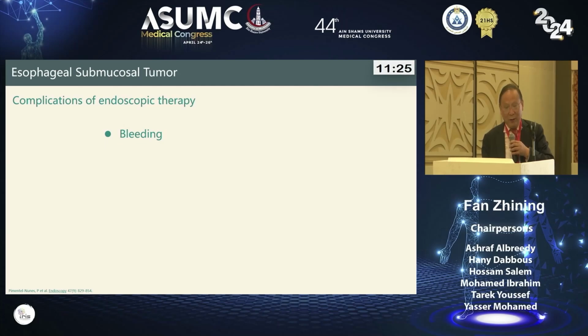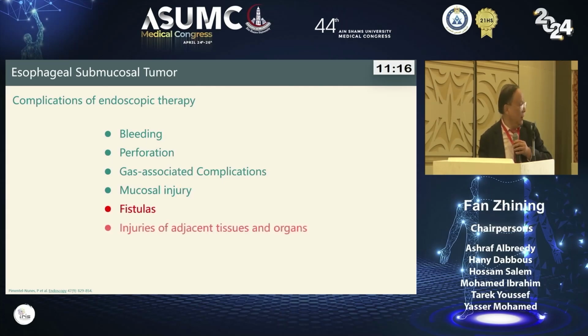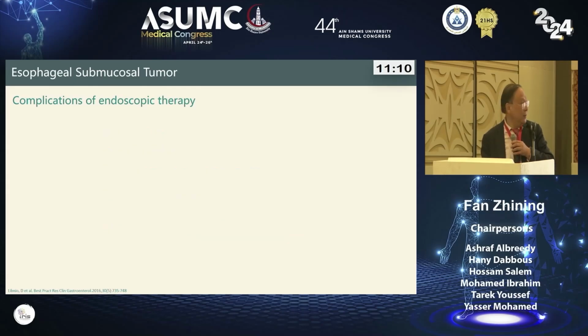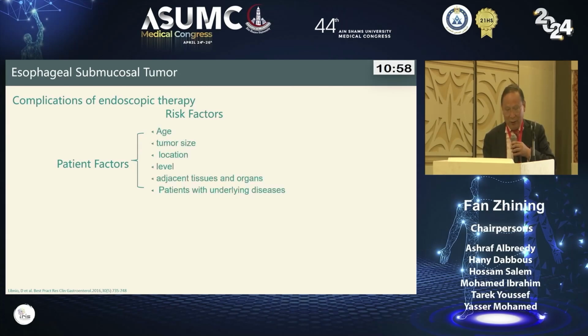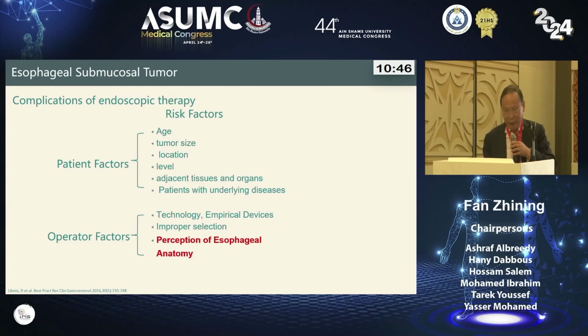Complications of endoscopy include bleeding, perforation, mucosal injury, fistula, and injury of adjacent tissues and organs. Factors include patient age, tumor size, location, level, adjacent tissues and organs, and the patient's underlying disease. The operative factor is improved technology and perception of esophageal anatomy.